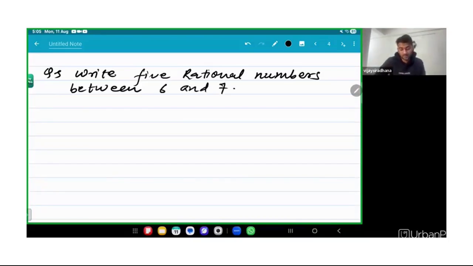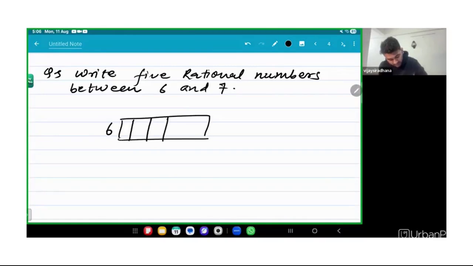Now how can you write it? So now, in between, I need rational numbers which should be between 6 and 7. There should be some 5 numbers, and then there should be 7. Now how can you write this? So in this question, what do you need to do?